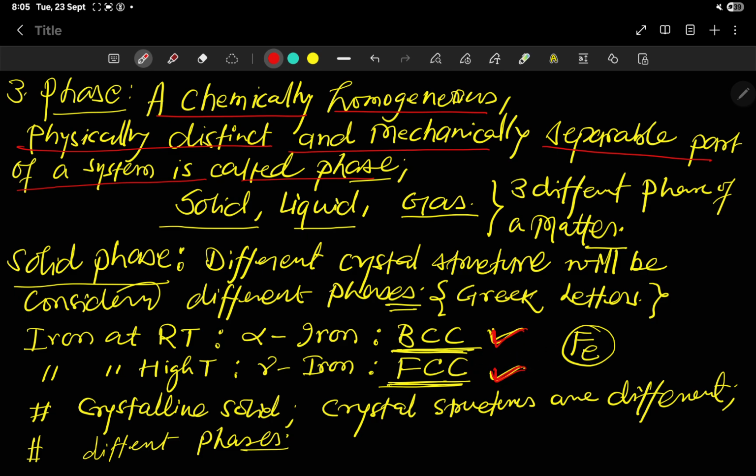These are two phases of iron. Okay, so this is about phase. Let's explore some other concepts.